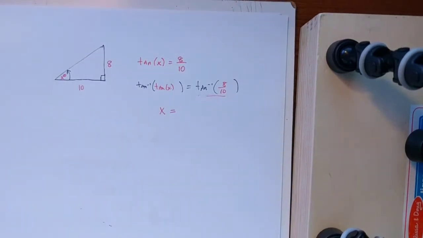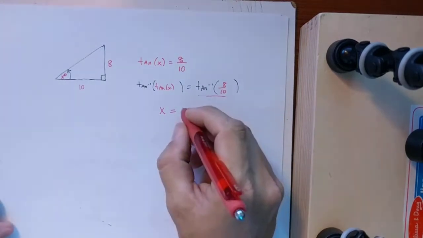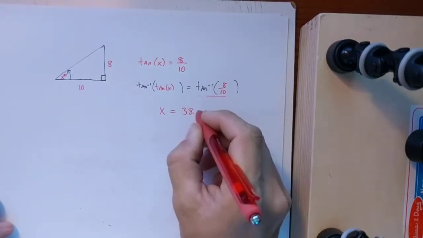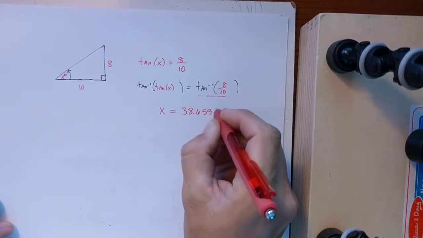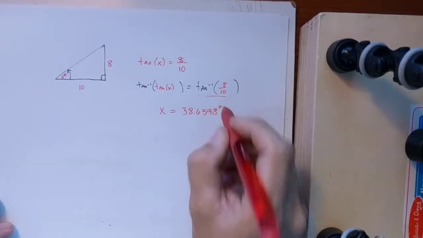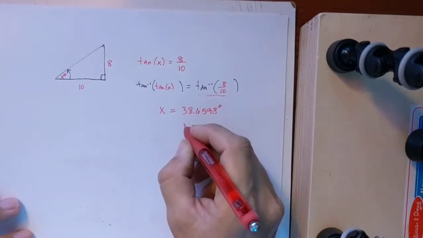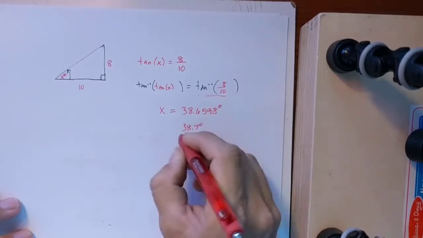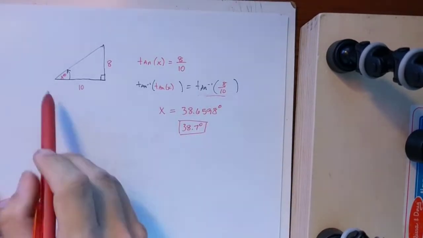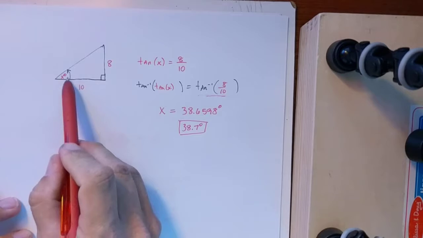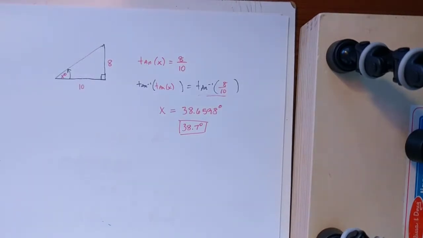And then I want to do the inverse tangent of that. My calculator tells me that this angle is 38.6598 and some change degrees. And usually, you can round off to the nearest tenth. So 38.7 degrees is how steep the ladder is from the ground, and that's called the angle of elevation.